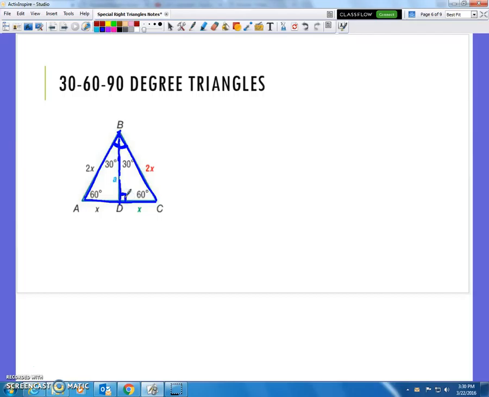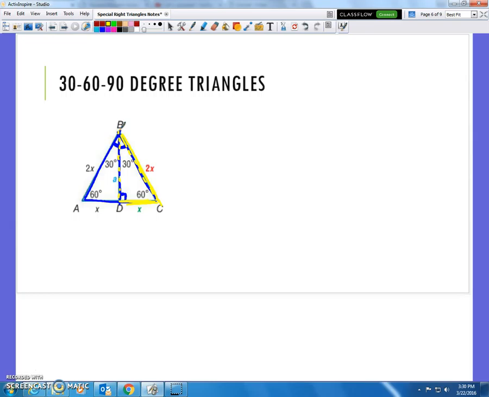So again, what I want to do is I want to look at the relationships between the sides of this triangle. Okay, so I'm going to specifically highlight just one of the triangles here. That's the triangle I'm looking at. And what I notice is that opposite the 30 degree side is just x. Opposite the 90 degree side, or the hypotenuse, is 2x.